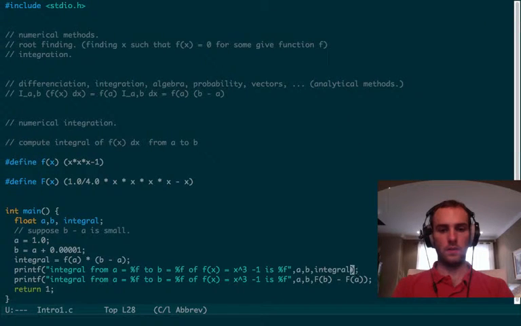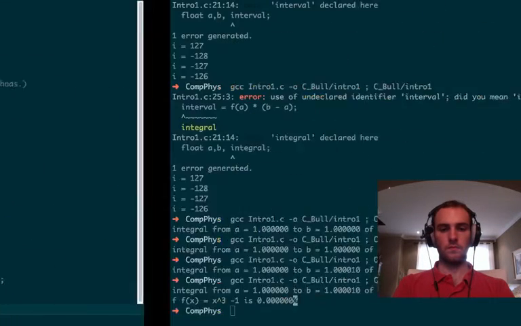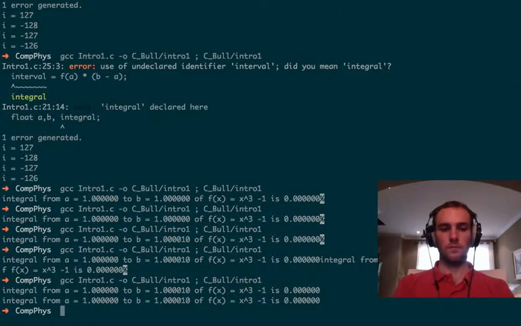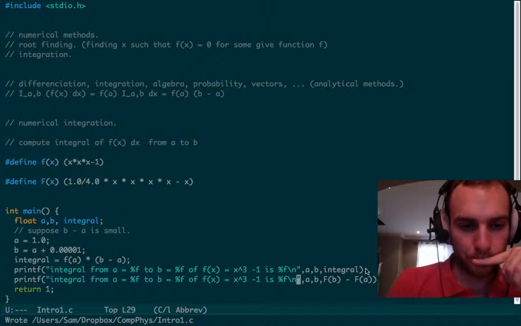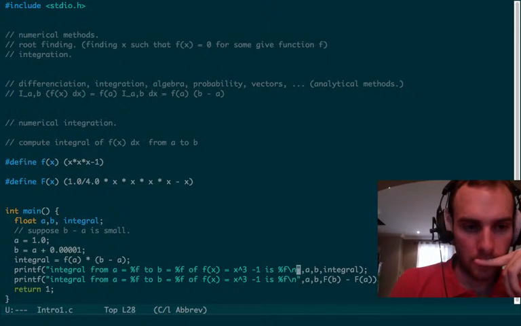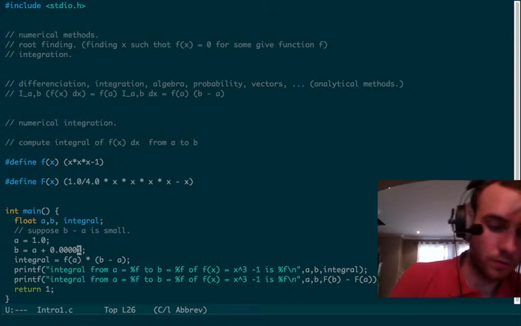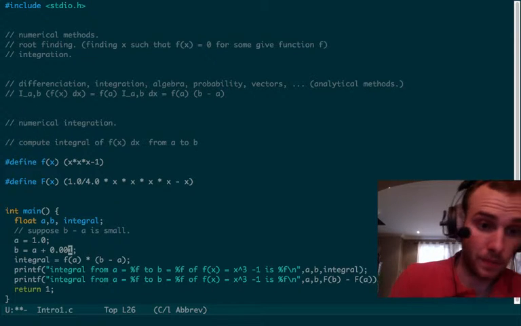And we need new lines. And now it's just too small to tell, right?